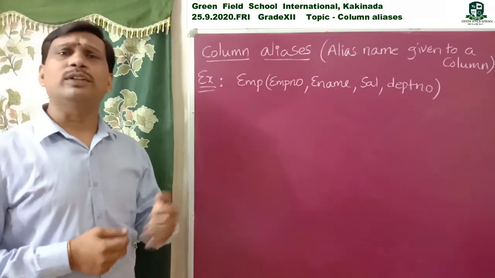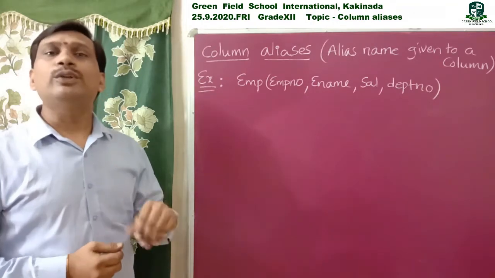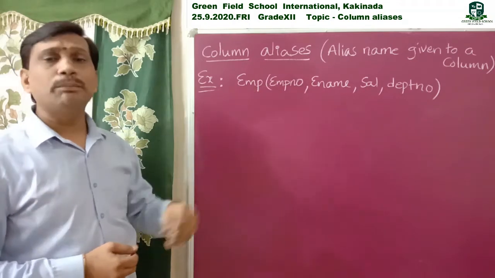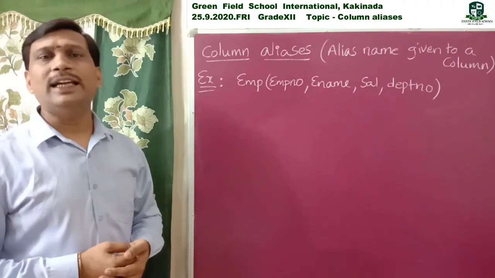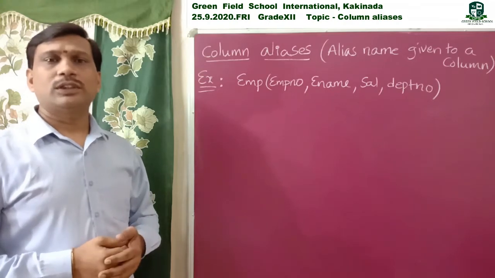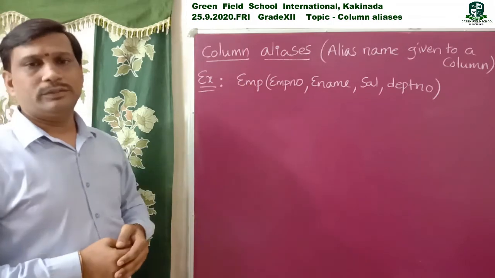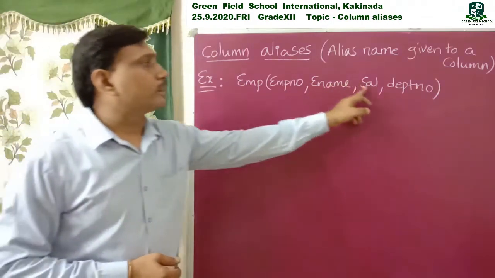When you are writing queries, instead of table column names, we use alias names. Alias name means pet name. You know very well what an alias name is. Suppose one example. The employee table EMP, where EMP is the table name, consists of all these columns.